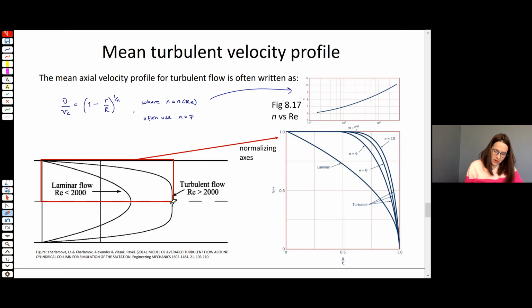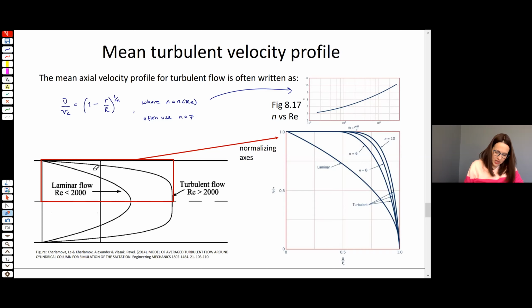It's got a higher centerline velocity, but it drops off more rapidly near the wall. So it's more of a flat plug-like shape. And that's because the turbulent motions are really energetic and chaotic, and they can actually overcome the viscosity a little bit better in the margins.